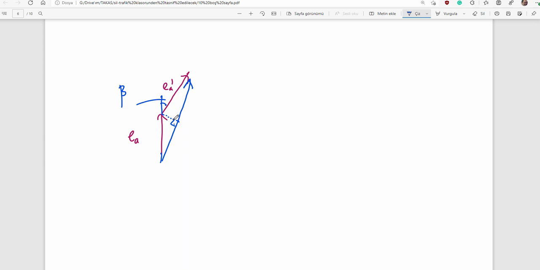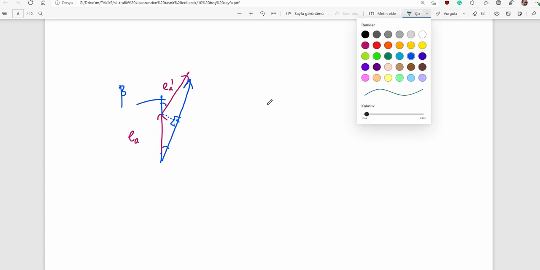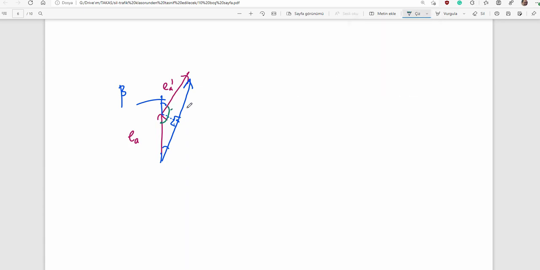Here's a better, shorter explanation. Beta must be beta half, but okay. Let me show you. This angle is 180 minus beta.